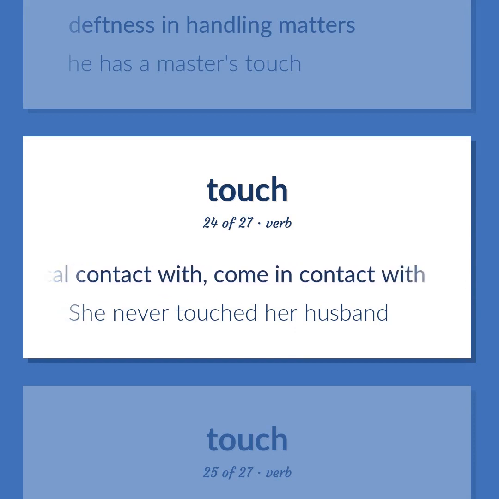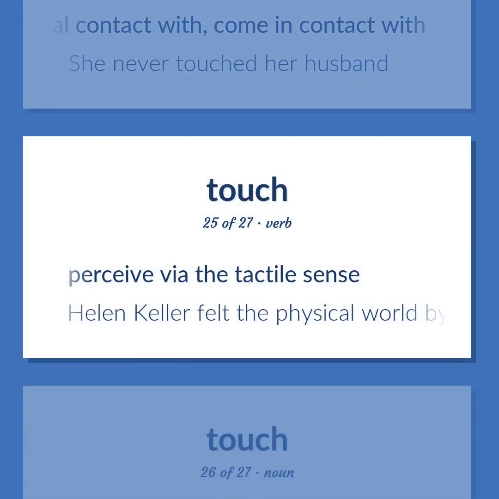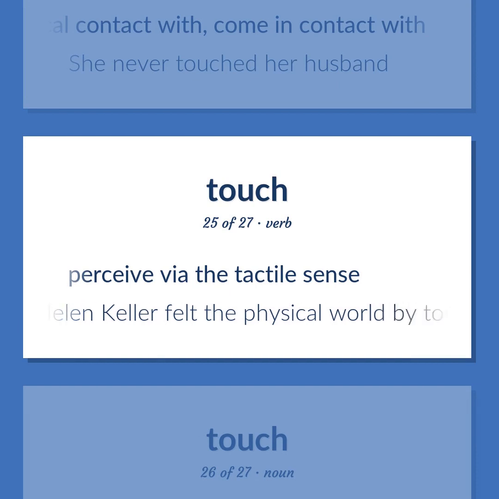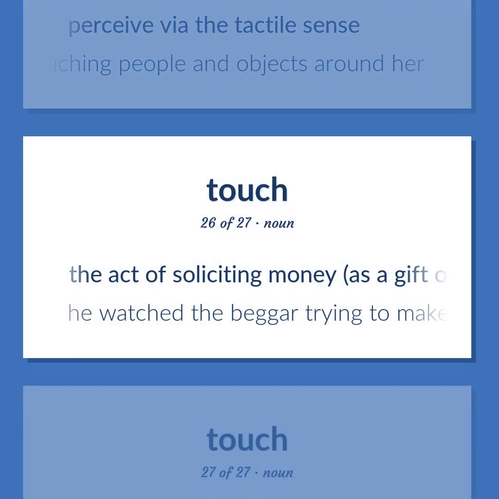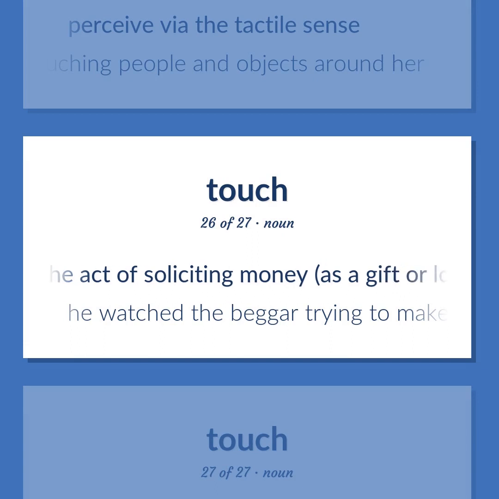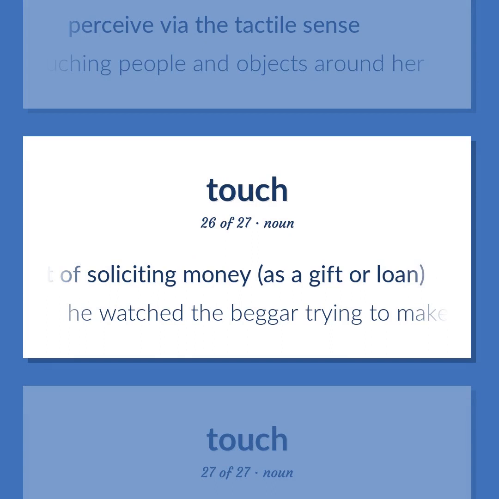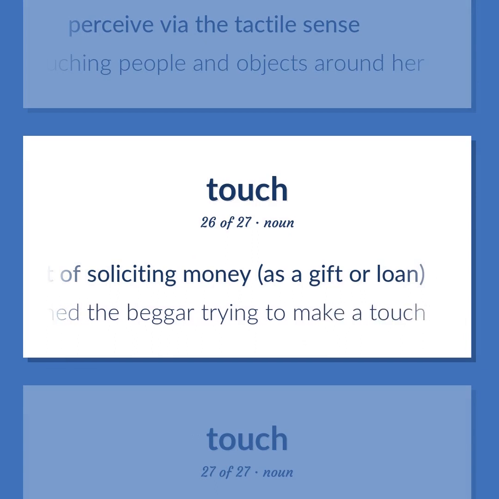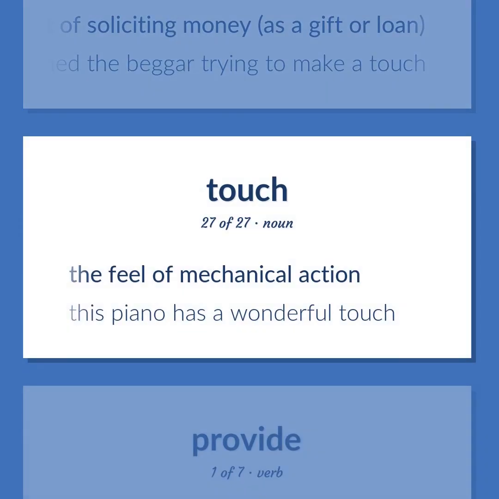She never touched her husband. Perceive via the tactile sense. Helen Keller felt the physical world by touching people and objects around her. The act of soliciting money, as a gift or loan. He watched the beggar trying to make a touch. The feel of mechanical action. This piano has a wonderful touch.